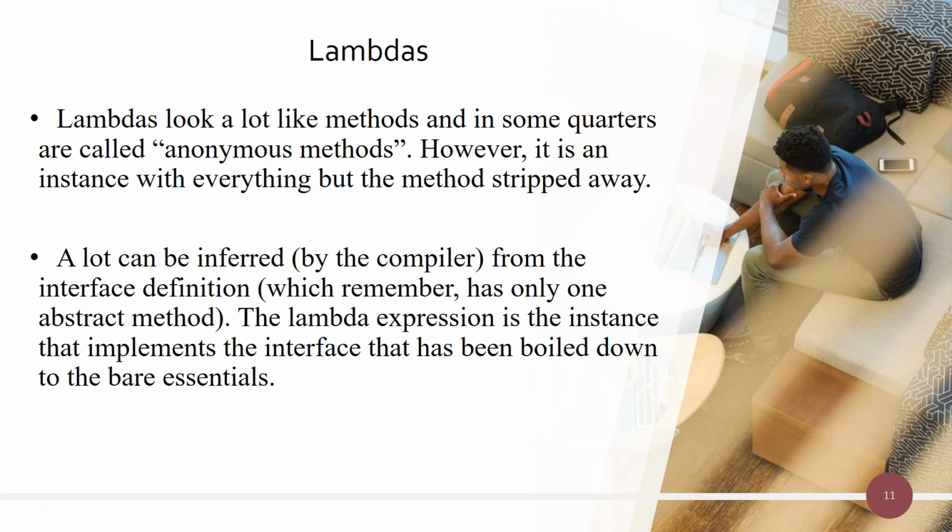A lot can be inferred by the compiler from the interface definition, which, remember, has only one abstract method, the functional method, because you're dealing with functional interfaces. The lambda expression is the instance that implements the interface, boiled down to the bare essentials.